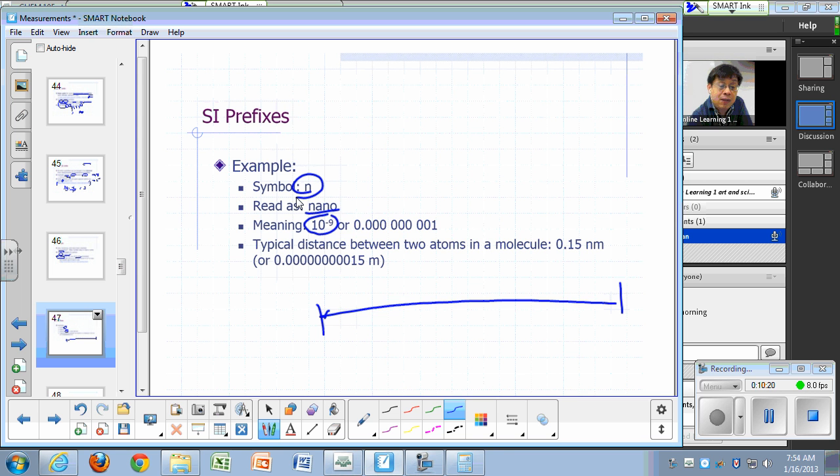That's a convenient unit to use when we're dealing with atoms in chemistry. For a pair of atoms in a molecule, a typical distance between them is around 0.15 nanometers. So it's a very convenient unit to use for lengths when we're dealing with atoms, which is what we do in chemistry.